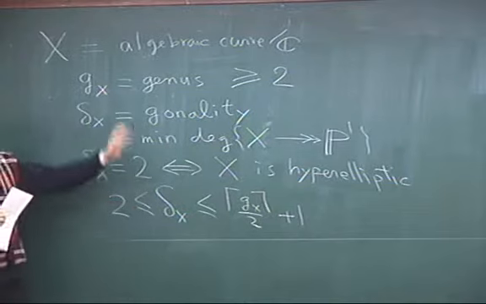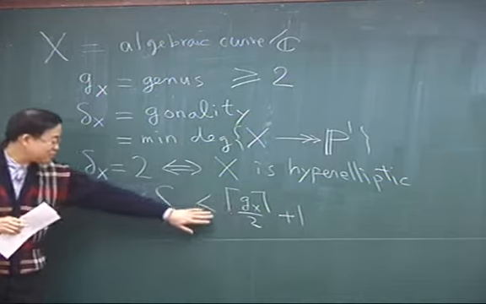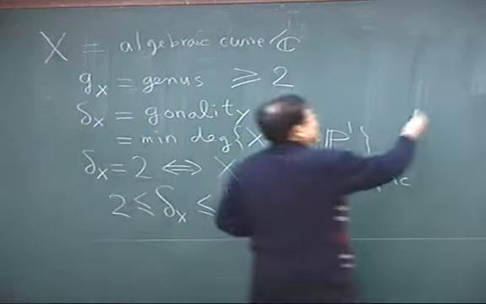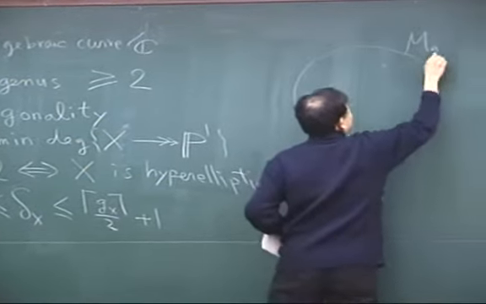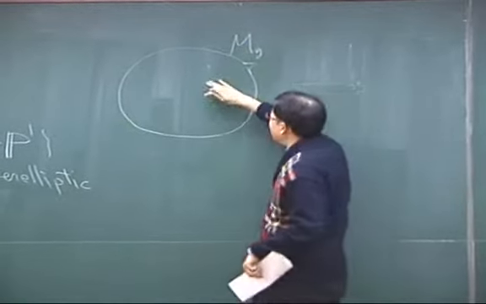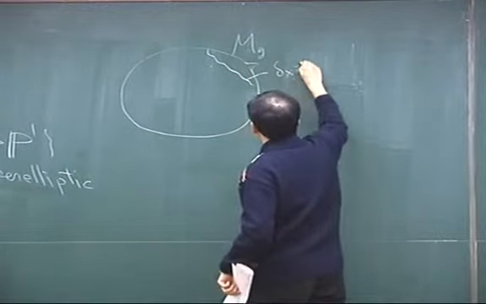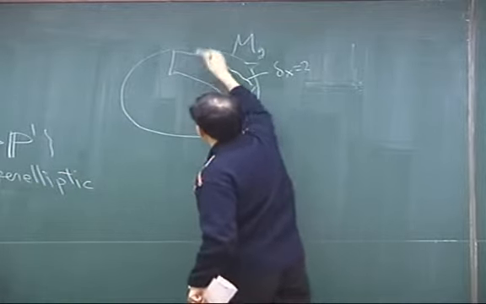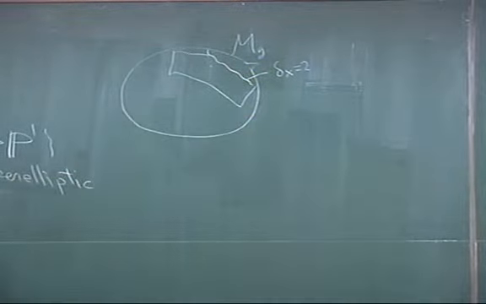And there are algebraic curves taking arbitrary values of gonality between these two values. So in other words, when you look at the moduli of curves, there's a stratification of this moduli space by gonality, where the deepest strata is when delta X is 2, and then there's some other variety containing this with a larger value of gonality and so on. So this defines the stratification.